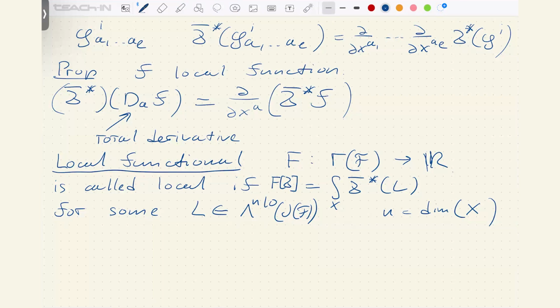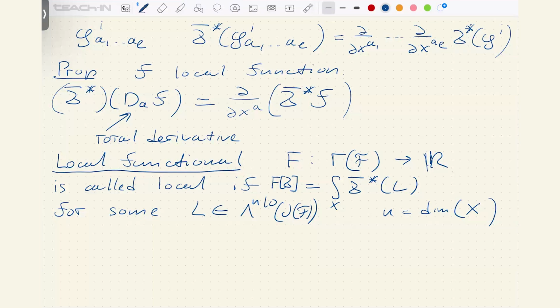So the functional which can be represented as a pullback of a local form is called a local functional. It's clear that these local functionals are determined by local forms.